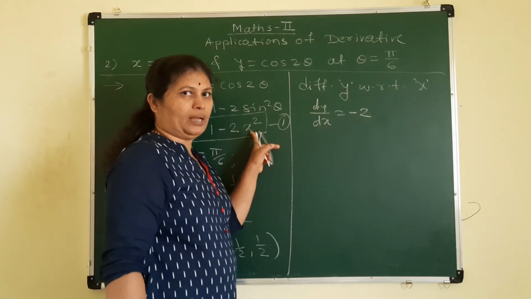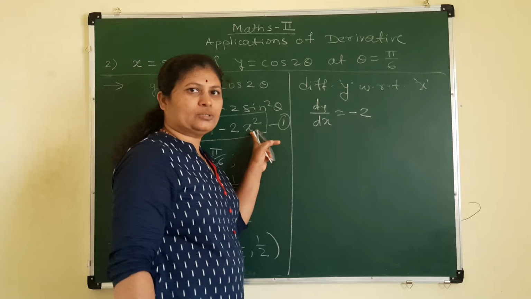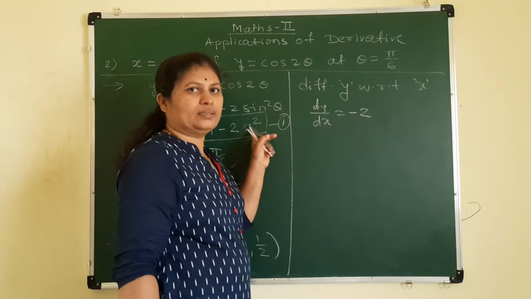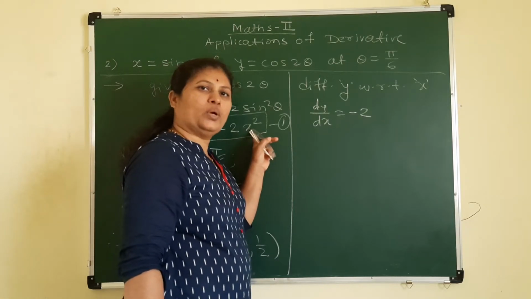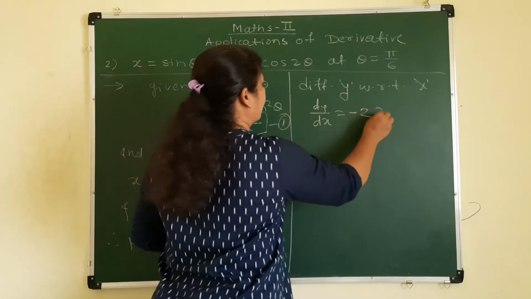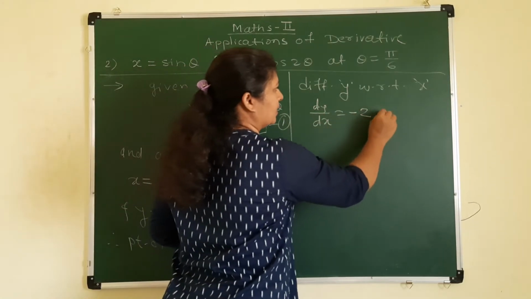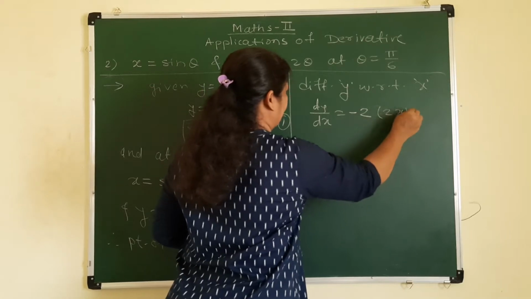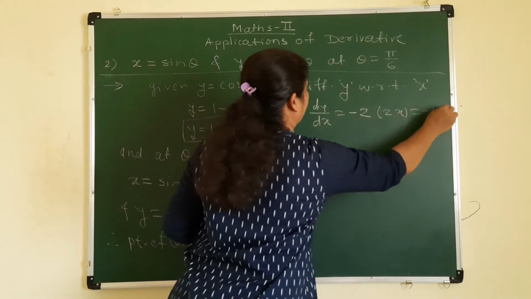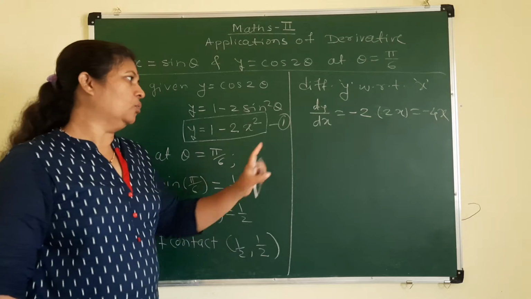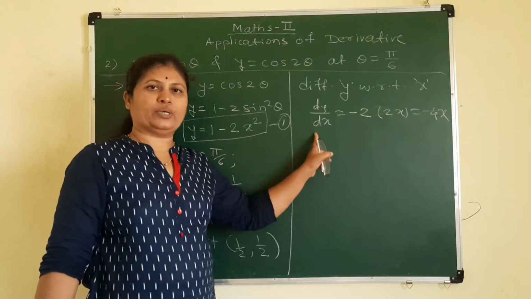You know the formula: derivative of x raised to n is n into x raised to n minus 1. So the derivative of x square is 2 into x, and that is nothing but minus 4 times x, the value of the derivative of y with respect to x.